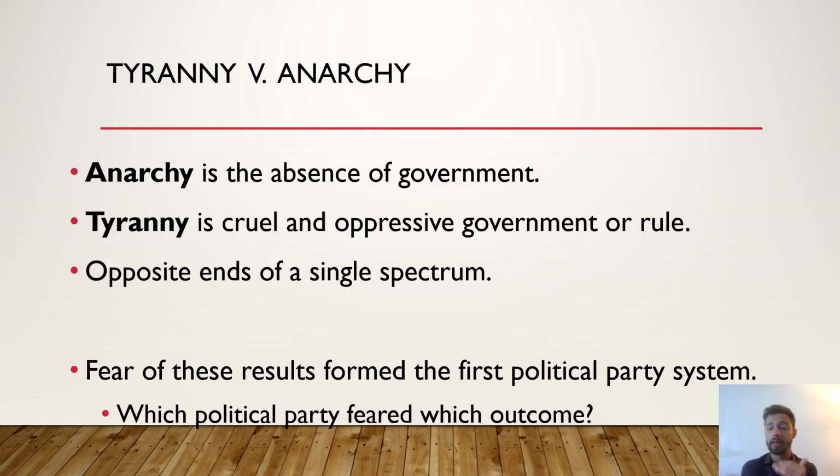And tyranny was what the Democratic Republicans were extensively fearful of during the founding debates in the 1790s, and why they advocated for strong state governments that were loosely united through a confederal system of government. And of course, as I just emphasized, fear of these resulted in the formation of the first political party system.